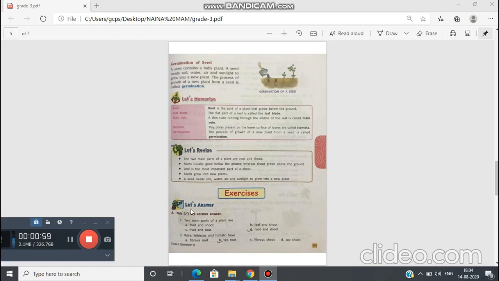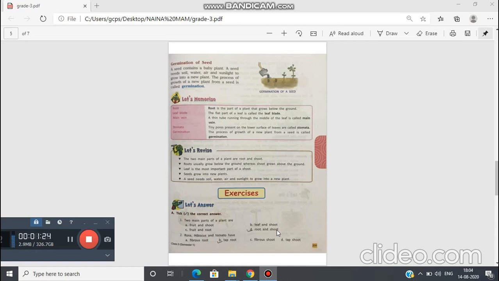Now, exercise time. Tick the correct answer. Two main parts of a plant are fruit and shoot, leaf and shoot, fruit and root, root and shoot.